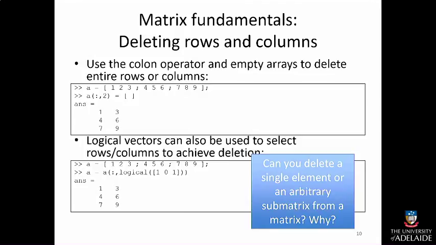The colon would represent all the rows, and you would write colon, comma, 2 equals empty matrix. You can also do this by using logical vectors. Remember, we studied logical vectors day before yesterday. So when you write this logical 1, 0, 1, only where you see ones are those columns going to be returned, and where you have 0, those columns are not going to be returned.